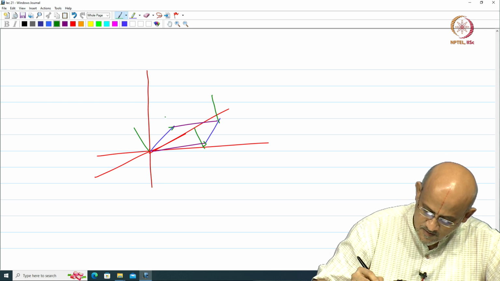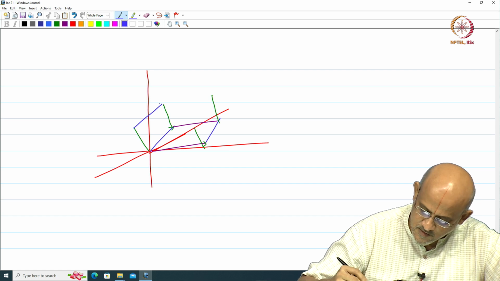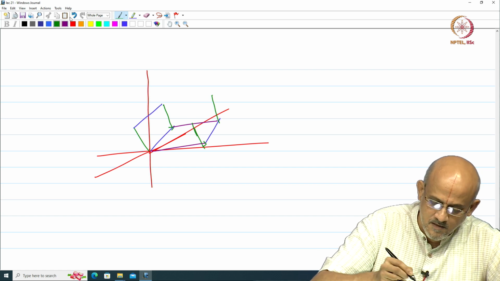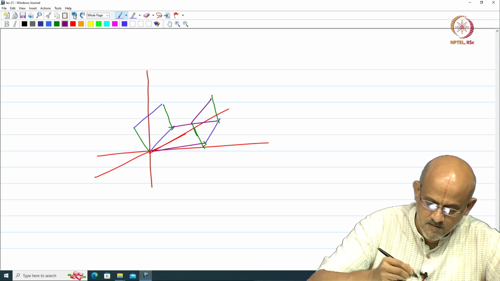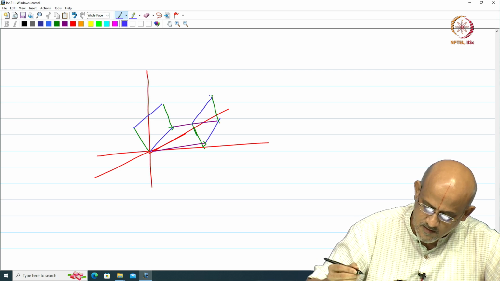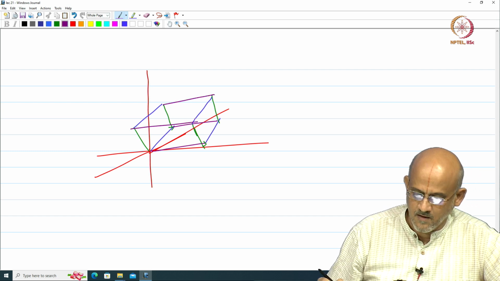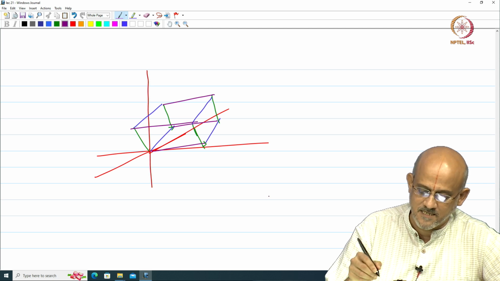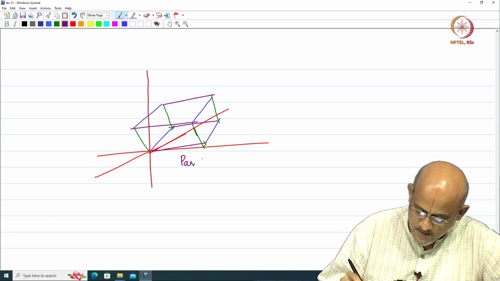So, this vector is going to be here, and the purple vectors are basically here. So, this is the original parallelepiped that I have. Now, this is the parallelepiped with sides along A1, A2, A3.